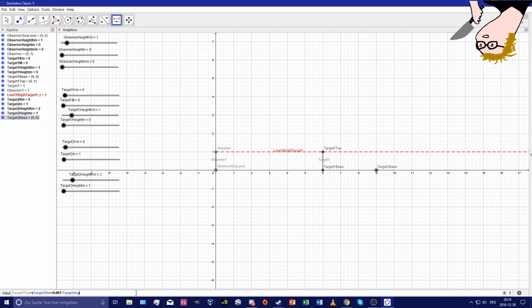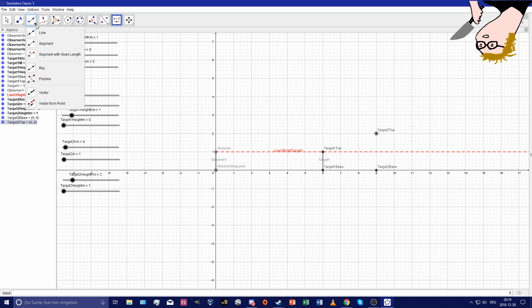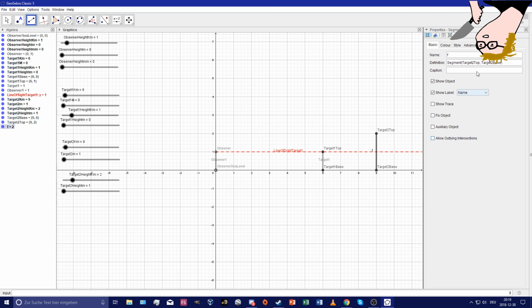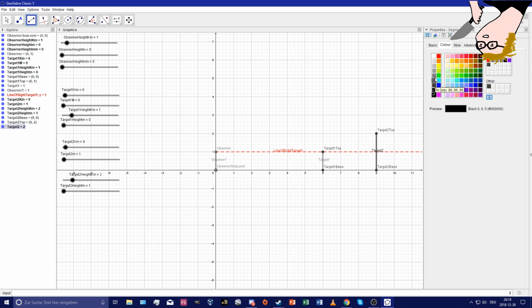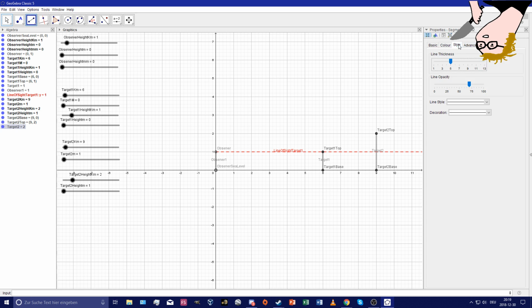Obviously the height value is target 2 height kilometers plus 0.001 times target 2 height meters. Okay. Now we got our target 2. Ain't it nice? The same thing again. So this is now our target 2. Color, I think was it this gray? Who gives a shit? Okay.